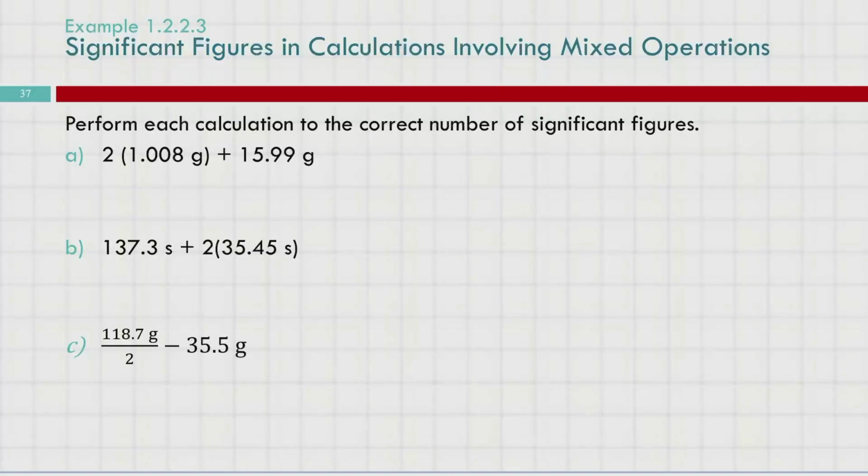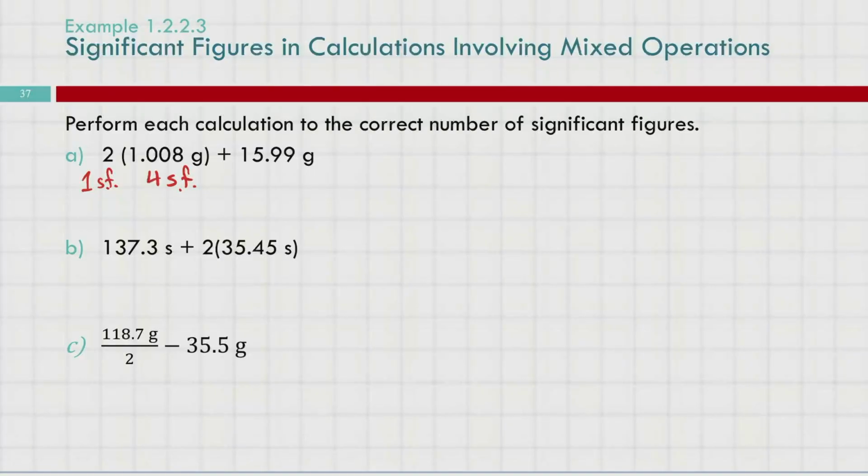How many significant figures does the number 2 have? One significant figure. 4 significant figures in our 1.008 grams. I'm just remembering where that number came from. So that should be infinite sig figs. We won't worry about it.